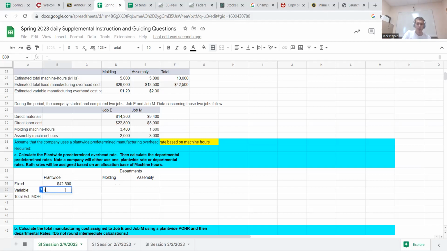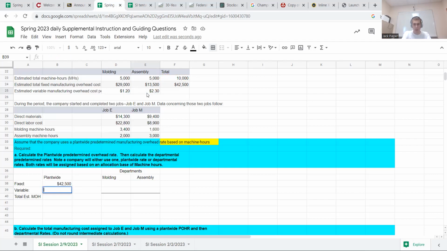Now to find our variable plant-wide overhead, we're going to take our total machine hours, right? Because that's our allocation base, or that's what drives the variable cost. Actually, no, let's structure this a little bit better.